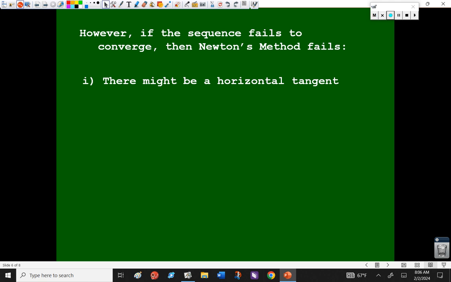A horizontal tangent would mean it's parallel to the x-axis, so therefore you won't get a value. Or there might be a vertical tangent, in which case, if you remember from chapter 2, vertical tangents mean that the limit doesn't exist and the derivative doesn't exist. Okay, undefined slope.